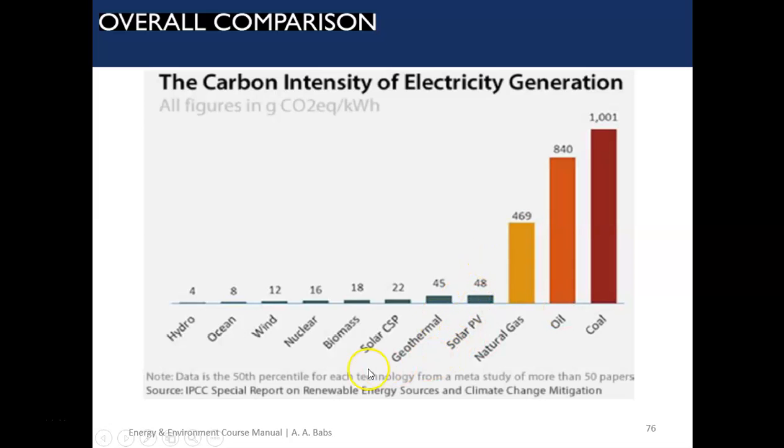And then we have solar PV, geothermal, solar CSP, down to hydro, ocean, wind, nuclear, and so on and so forth. So the carbon intensity of electricity generation is higher in coal than in hydro when you look at this data.